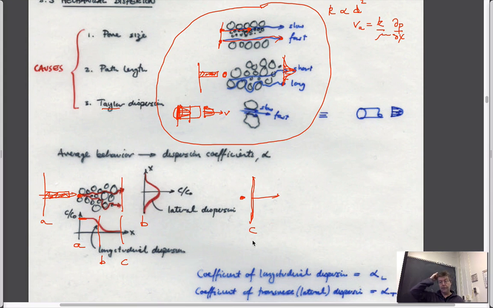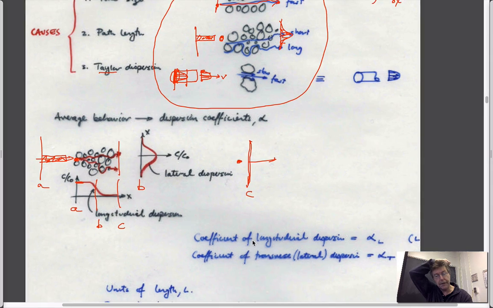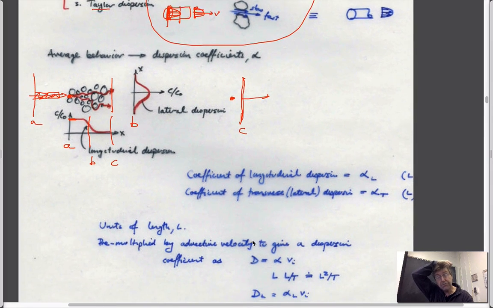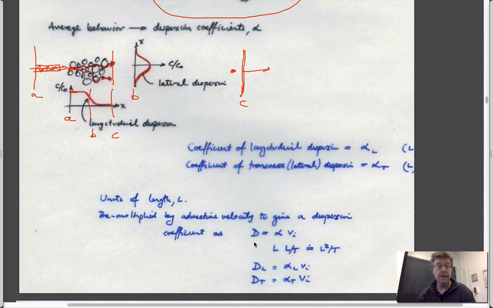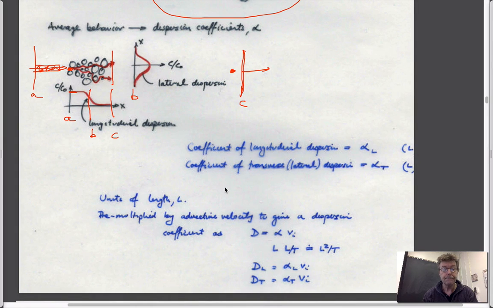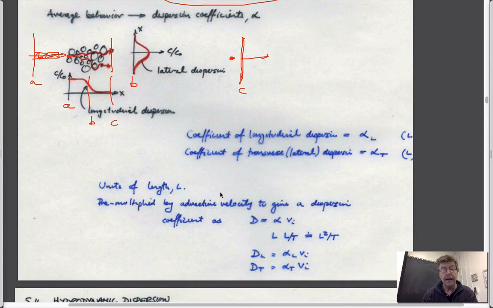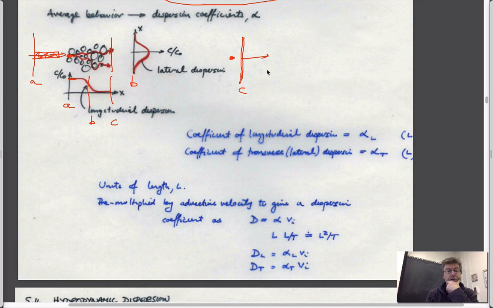But the important thing is it's not diffusion. It's being done by this mechanical mixing, and it's just a curiosity or a coincidence that these effects as you go downstream look like diffusion. And so what's done is to define a term which allows you to look at solving this equation.